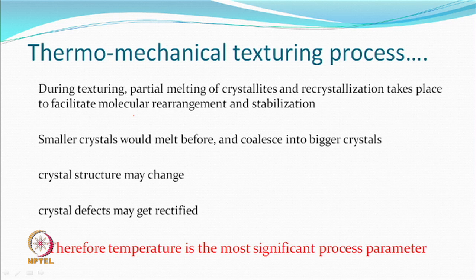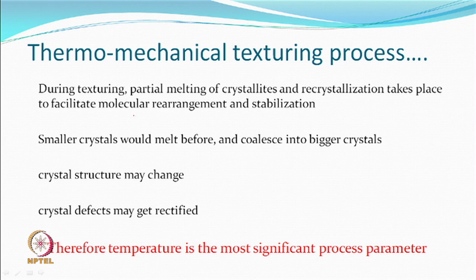So, the first sentence we had already talked about: during this texturing process, there will be partial melting of crystallites and recrystallization. This would be required to facilitate rearrangement of molecules and also will involve stabilization. During this process also we can expect smaller crystals.